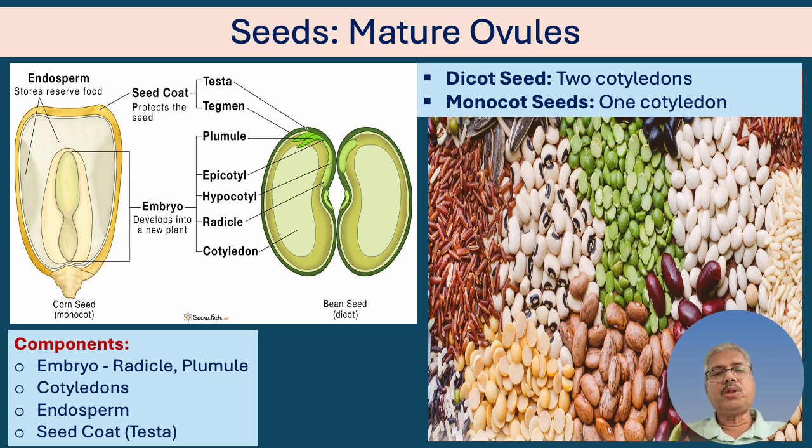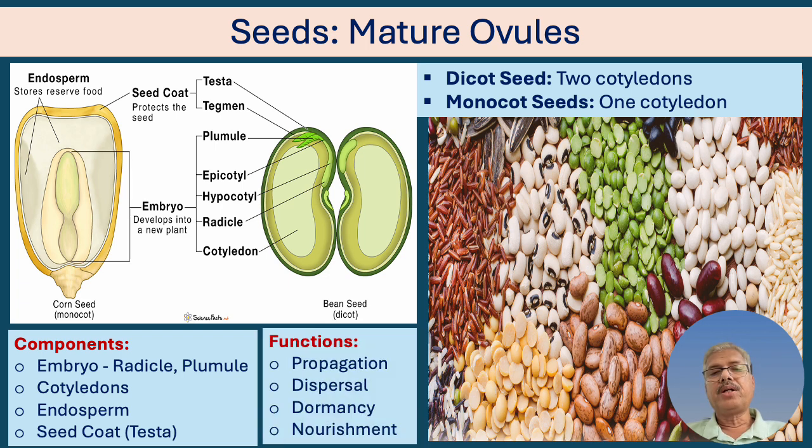Endosperm is the nutritive tissue that provides food for the developing embryo. In some seeds, the endosperm is absorbed by the cotyledons. The seed coat is the protective outer layer that surrounds the embryo and the endosperm. The seeds are the primary means of sexual reproduction in seed plants.